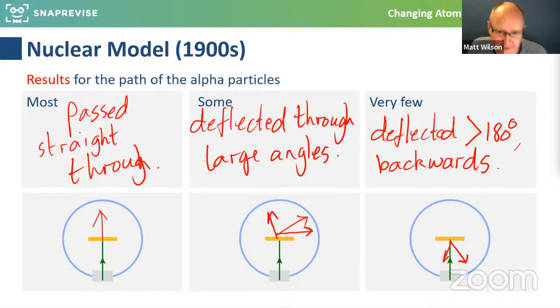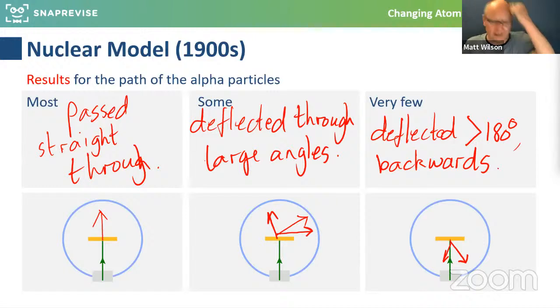So very, very unexpected. Both of those are unexpected outcomes. Some deflected through large angles and very few deflected even more. And even the first one could be an indicator that atoms are mostly empty space. So why is this being deflected? Remembering that alpha particles are positively charged.